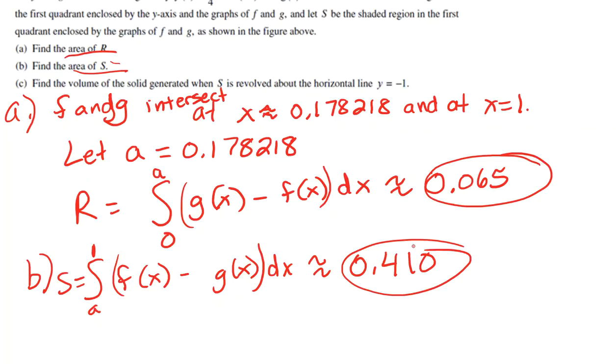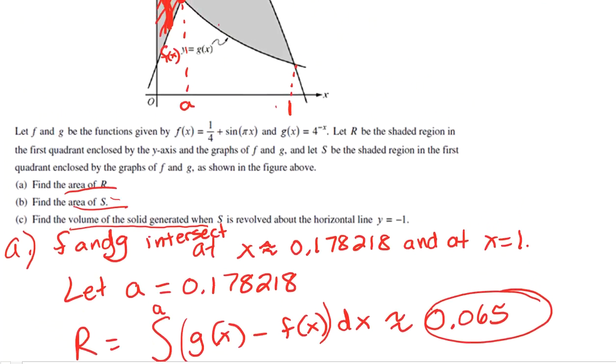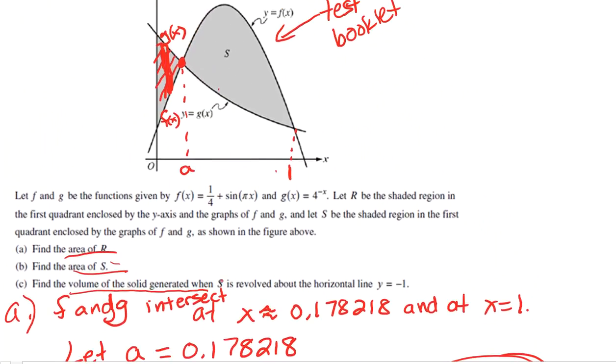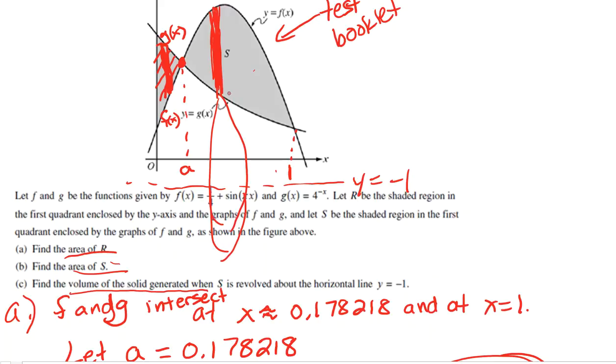All right, and now question C, we're doing a volume of revolution. So let's take a look again. We're taking area S and we're revolving it around the line y equals -1. So you're not asked to make a diagram here, so let's still think about, though, what we've done in the past. You would have this typical Riemann rectangle, and it's going to revolve so that this will be our inner radius.